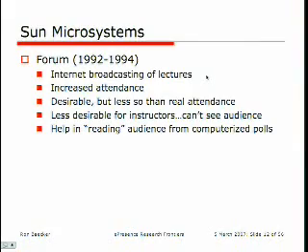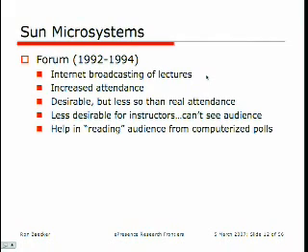The first organization to experiment with broader distribution of educational events was Ellen Isaacs and John Tang at Sun with the Forum system, and it says they delivered Internet broadcasting of lectures. That's not quite correct.